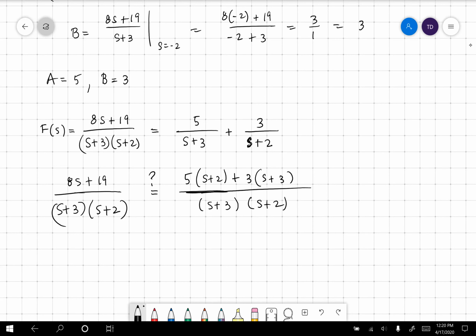C is equal to s plus 3 times F of s, evaluated when s is equal to minus 3. And that's equal to 10s squared minus 3 divided by s plus 1, s plus 2, evaluated when s equals minus 3.